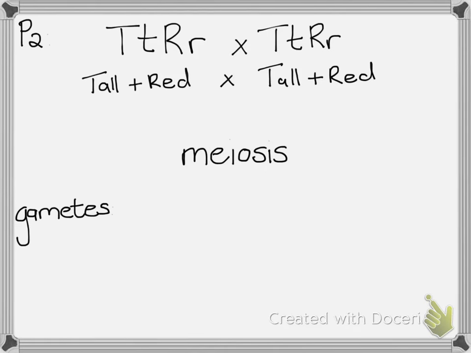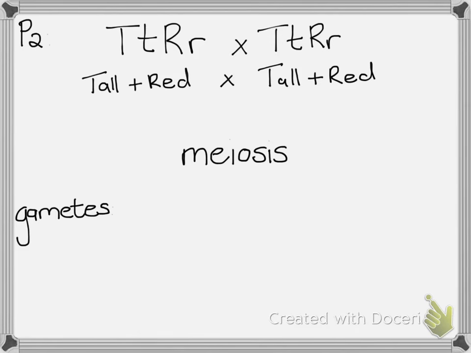So now we need to make our gametes. And yet again, we need to keep track of which alleles we have used and which we haven't. And this is often where most mistakes are made. Please keep track of them, especially in the P2 cross. So let's begin.